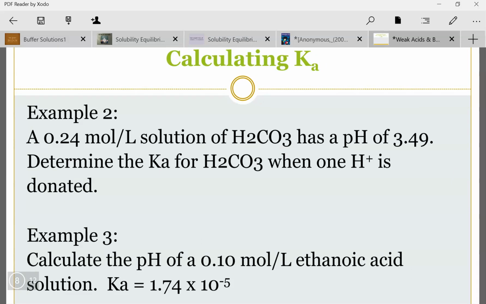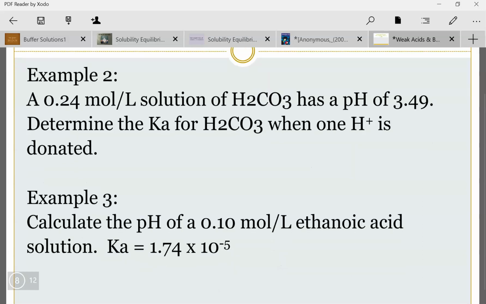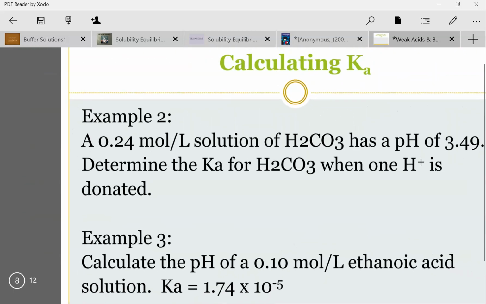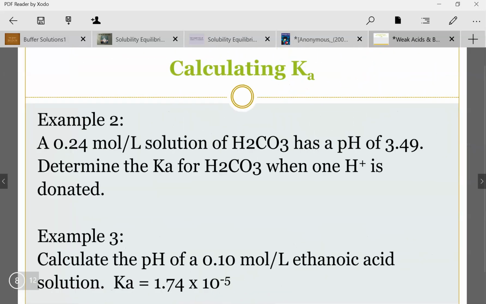Okay. Determine the Ka when 1 H plus is donated. So we have to determine Ka now. H2CO3. Determining K means we have to have an ICE table, but as we'll realize very quickly, these ICE tables for acid bases look exactly the same.